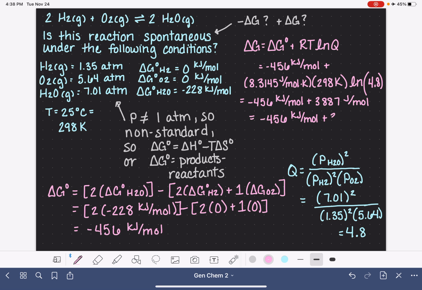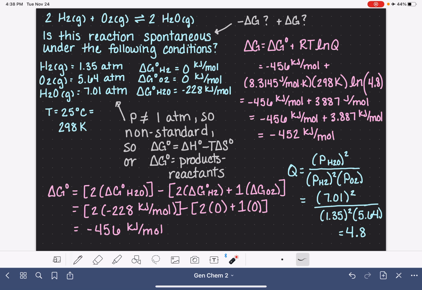So instead of 3,887, it's going to be 3.887 kilojoules per mole. And this works out to be negative 456 plus 3.887, approximately negative 452 kilojoules per mole.